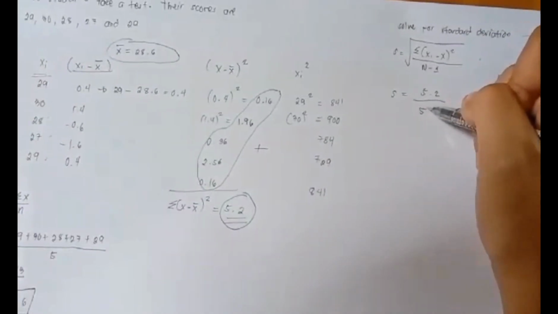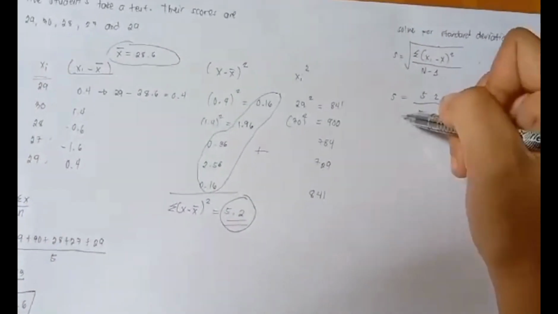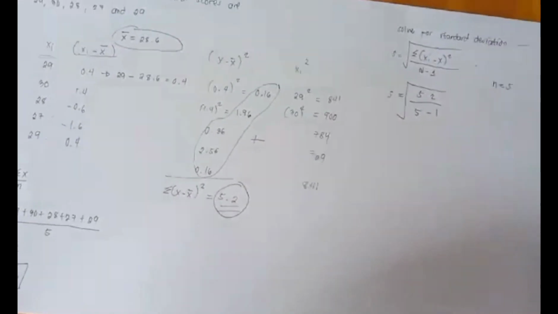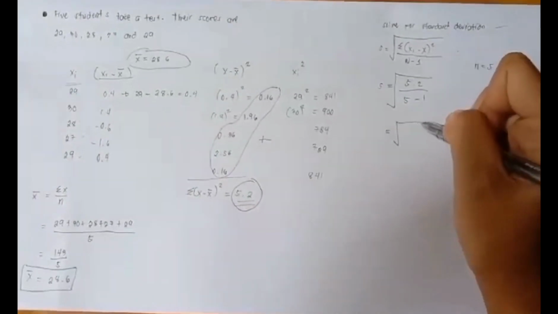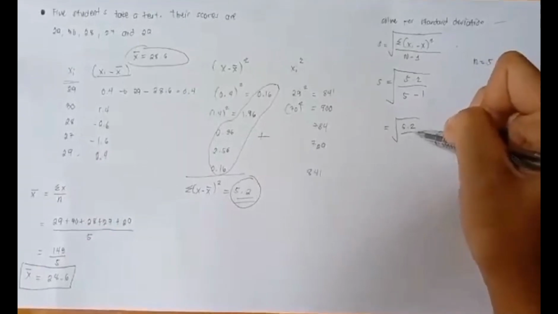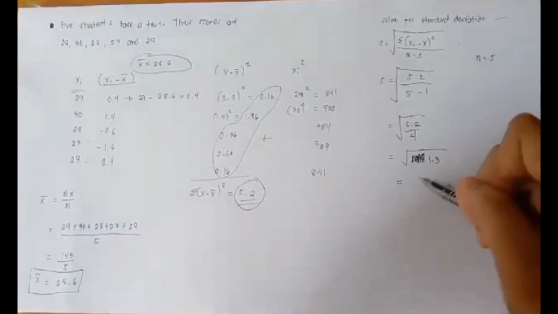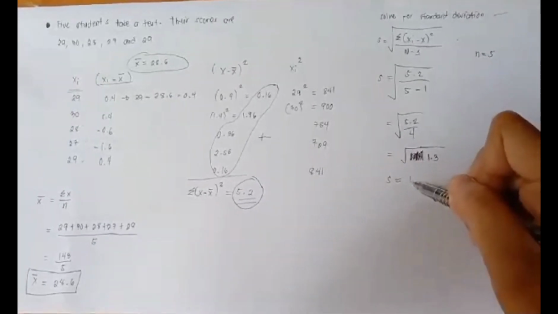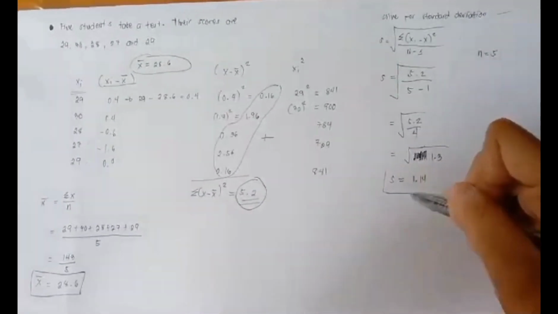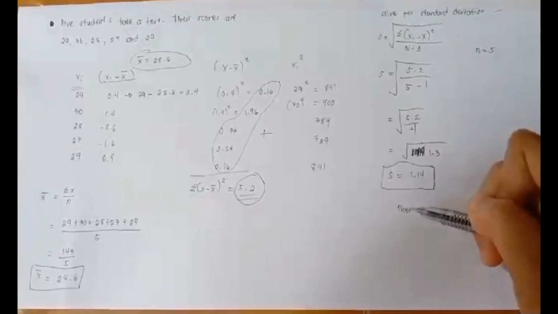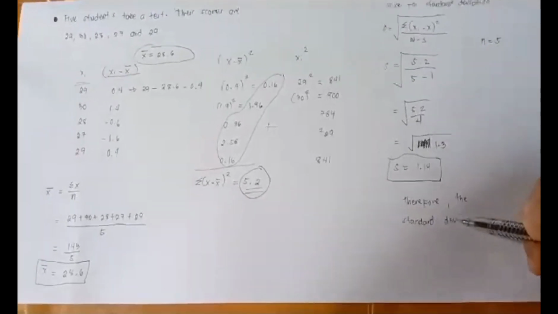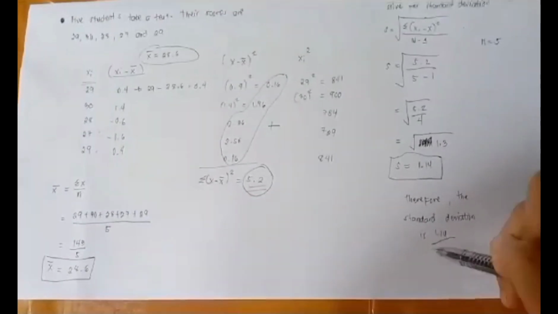So 5.2 over 5 minus 1 inside the square root. Then the result will be the square root of 5.2 over 4 equals the square root of 1.3. Then the square root of 1.3 is 1.14. Therefore, the standard deviation is 1.14.